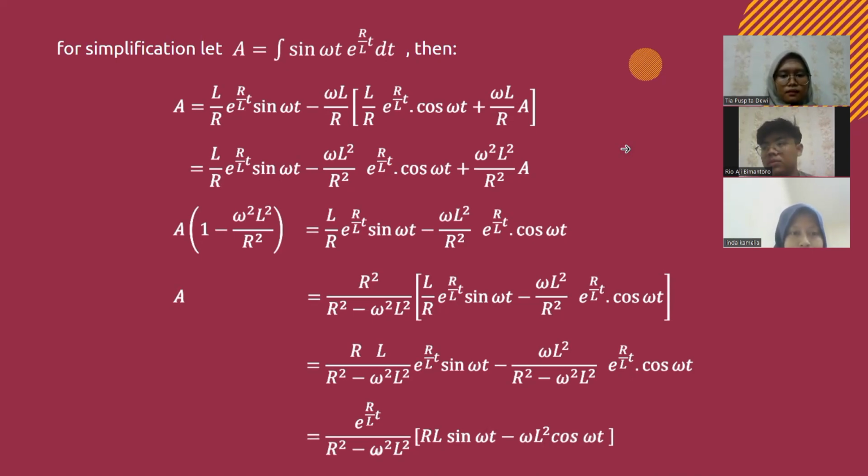Then we get A equals L over R e to the power R over L t sin omega t minus omega L over R times L over R times e to the power R over L t cos omega t plus omega L squared over R squared times A. And then we get A equals e to the power R over L t over R squared plus omega squared L squared, times R sin omega t minus omega L cos omega t.